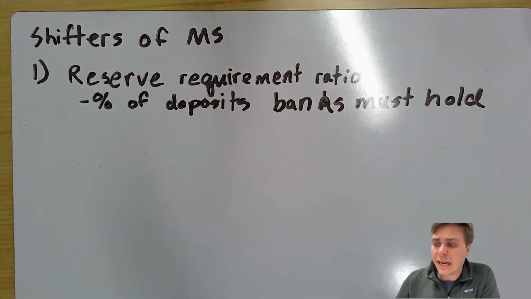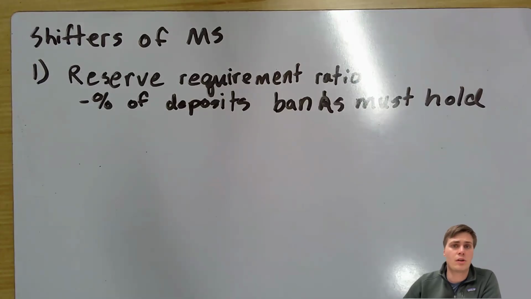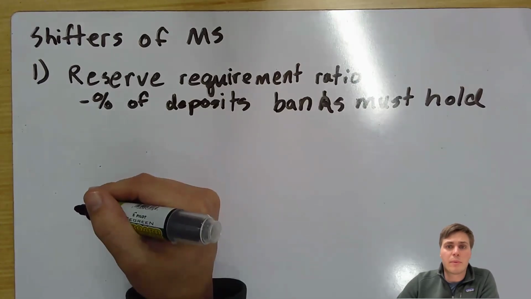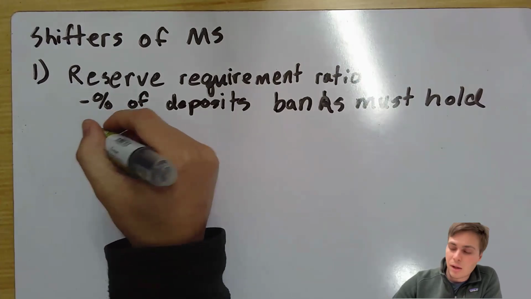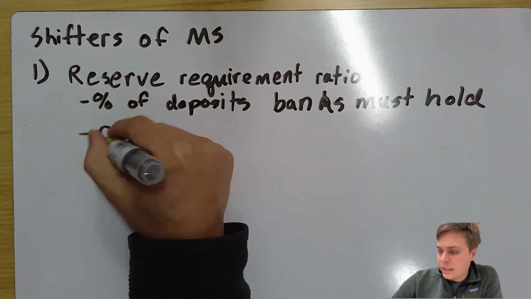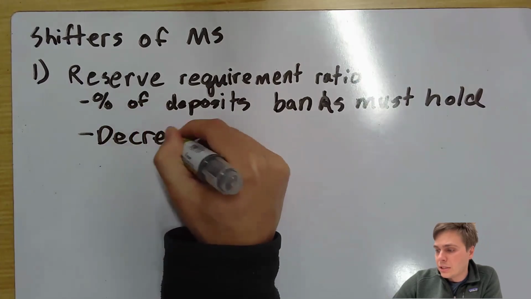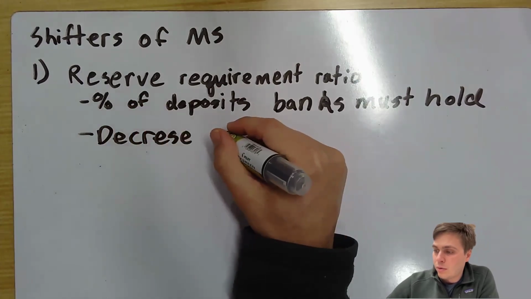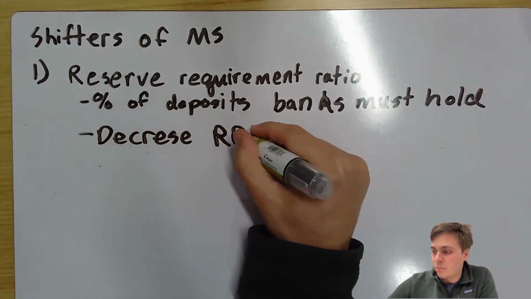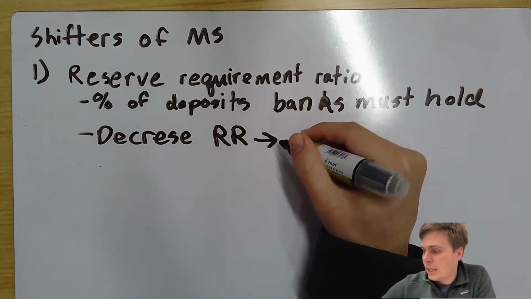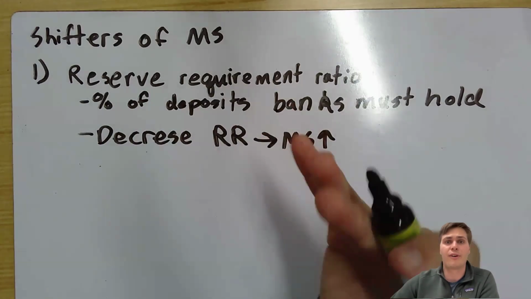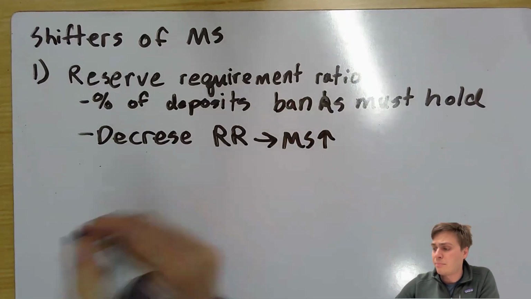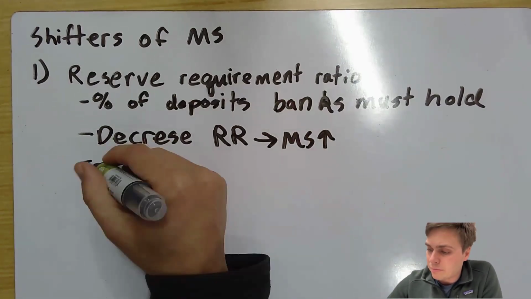So it used to be the case that the Fed could change the reserve requirement ratio, and that would increase or decrease the money supply. Meaning the idea that, hey, if you decrease that reserve requirement ratio, that is going to lead to the money supply increasing because now not the Fed, the banks can loan out more money.